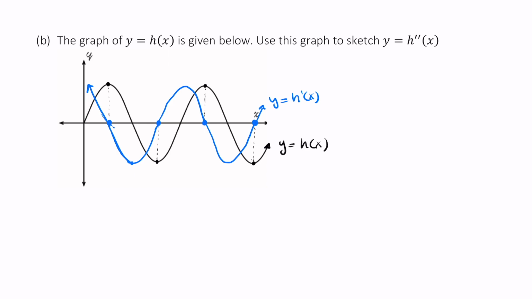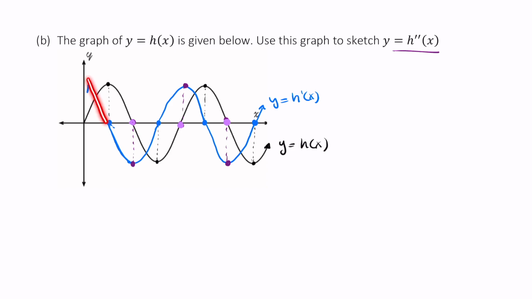Let's go ahead and repeat this for the second derivative, h double prime. So my maxes that I'm looking at now are not the ones from my original curve, but the ones on my first derivative function. So that would be here, here, and here. That is where the first derivative function intersects the x-axis. And I'm going to lighten this just to make it really obvious which 3 points those are.